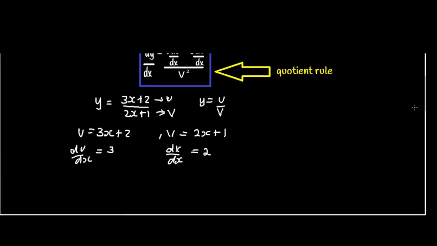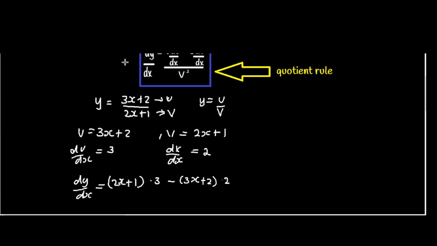Then we shall have dy dx equal to v, which is 2x plus 1, times du dx, which is 3, minus u, which is 3x plus 2, times dv dx, which is 2.